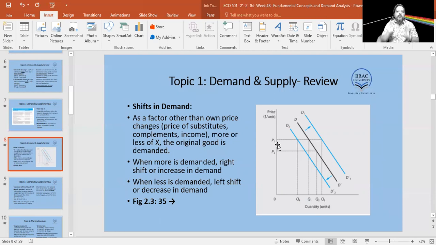If something other than price influences demand, it may influence it positively, favorably, then the original demand curve will move to the right. Right means a horizontal, right means an increase. Okay? If something other than the price negatively or adversely influences demand, the demand curve will shift to the left. Any left movement is definitely a decrease.